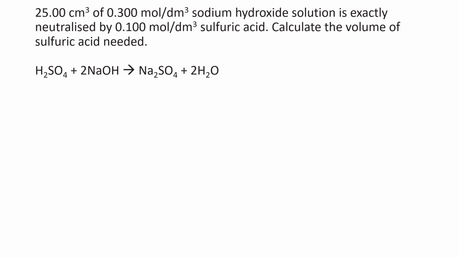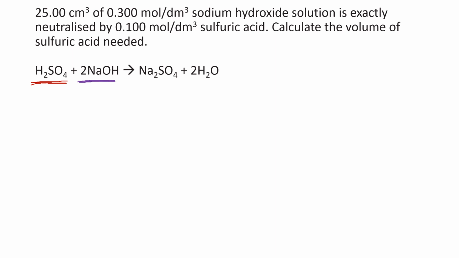So in this reaction, you've got sodium hydroxide reacting with sulfuric acid. And notice that for every 1 mole of the sulfuric acid, it reacts with 2 moles of the sodium hydroxide. That's going to be important.